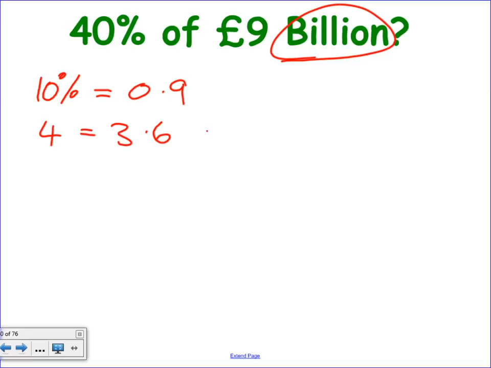And then add your word again. Does that make sense? So here, I tested that you don't write down all the zeros. I've tested you on the 10% rule and handling decimals. You've multiplied a decimal, 0.9 times 4, and you've got 3.6. And then you just put the word back for billions.